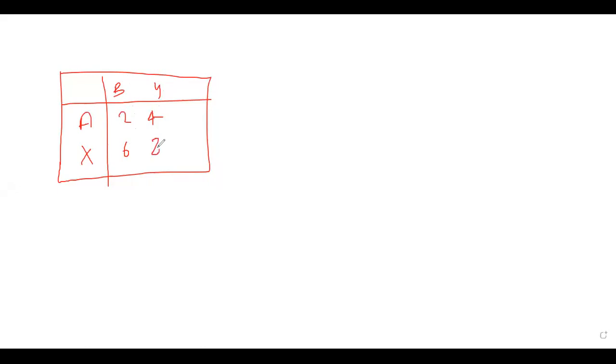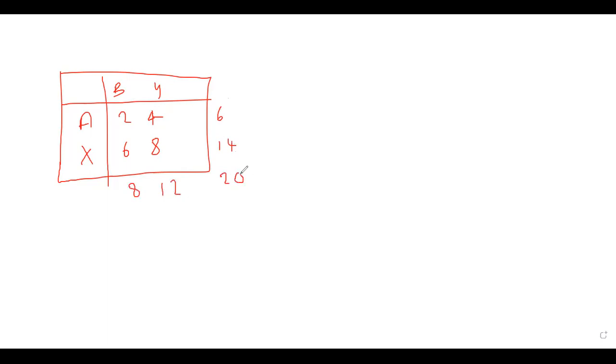What's the first thing you do whenever you have a contingency table? The totals. You get the column and row totals. So here we have a 6, and here we have a 14. Here we have a 12, and here we have 8. And we get the grand total of 20.